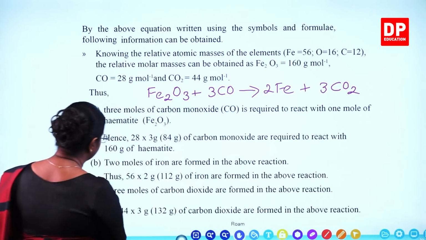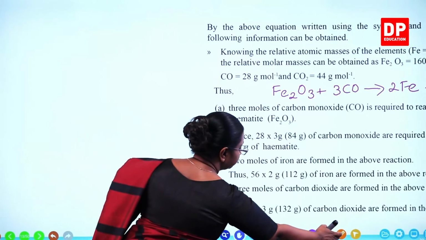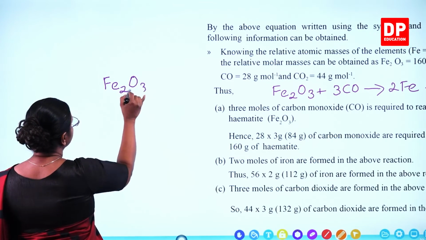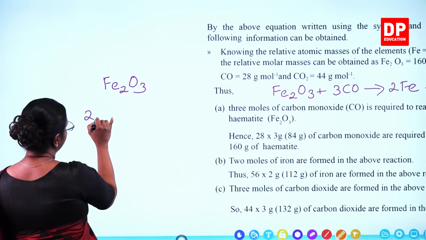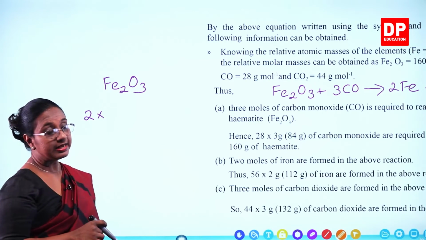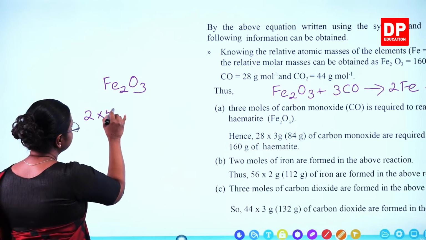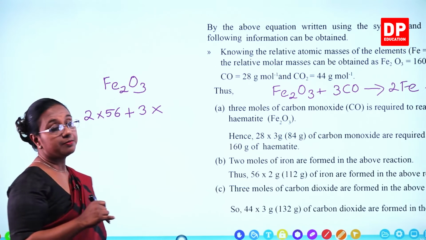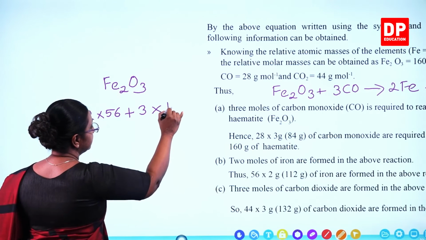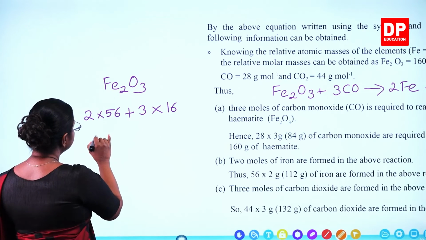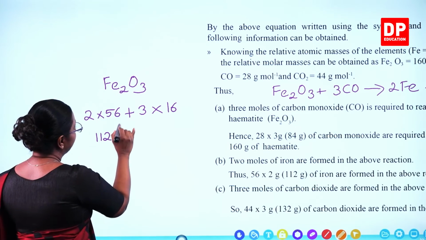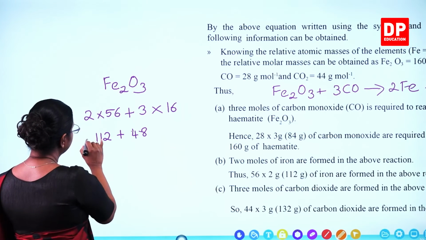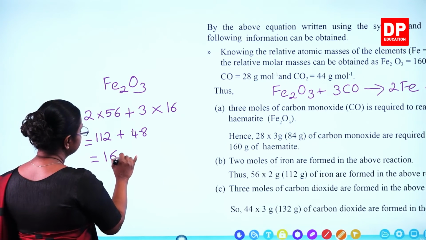How do we calculate that? Fe2O3. You have 2 iron atoms, each one is 56, plus you have 3 oxygen atoms. Relative atomic mass of oxygen is 16. So 2 into 56, 112, plus 3 into 16, 48. So you get the value as 160.